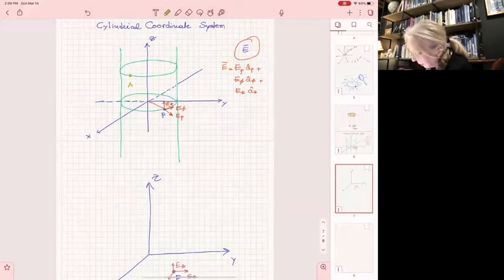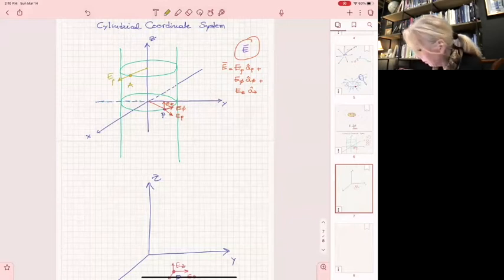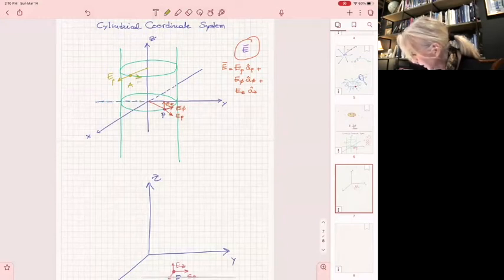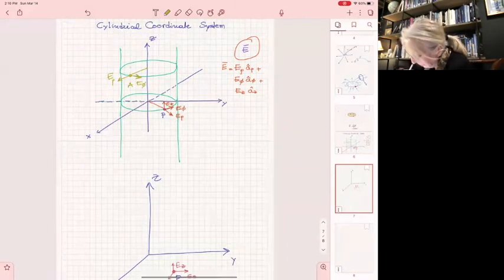So I will have to connect, find the radius, and then that will be E sub rho for this point. Then I will have to find the phi, which is tangential to the circle, going through A, which is this, and this will be E sub phi. And then the E sub z will be like that.